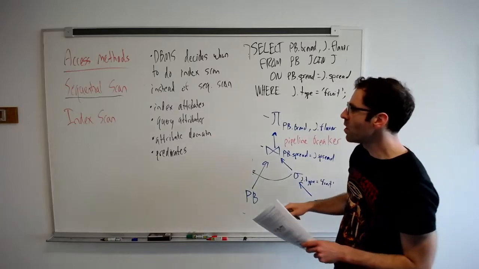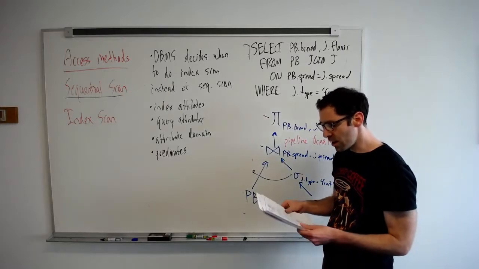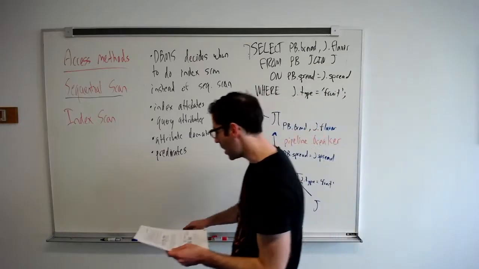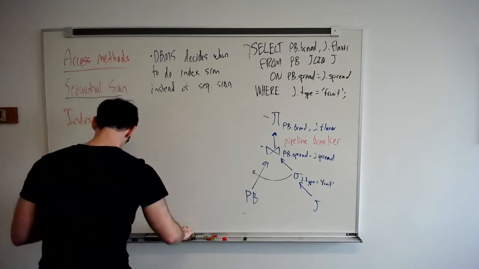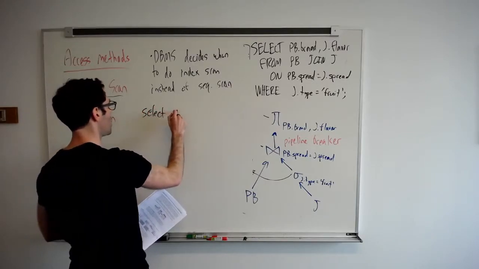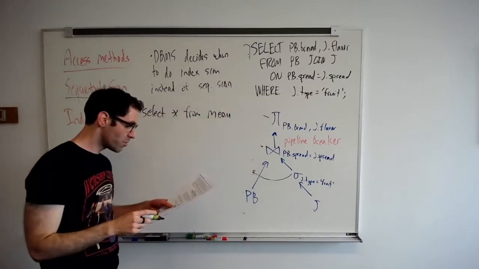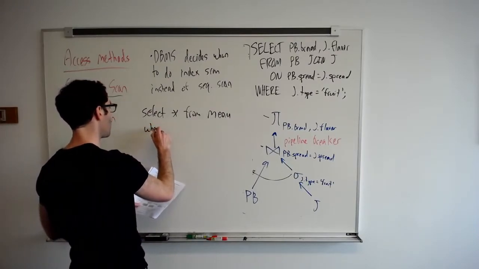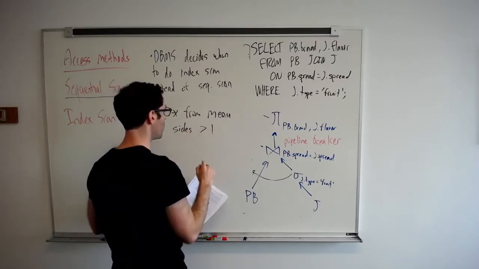An example of what this would look like is, let's say that we have a query where we want to select tuples from our menu table, where the number of sides that the dish comes with is more than one.